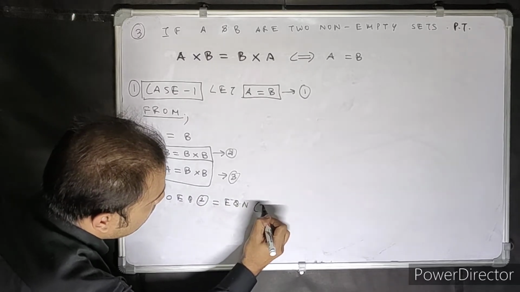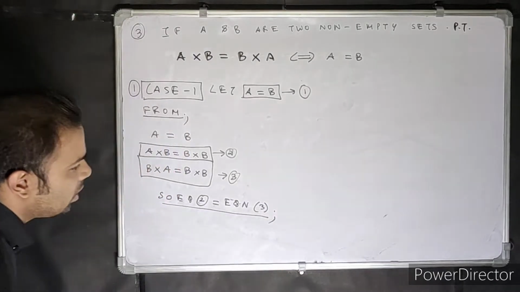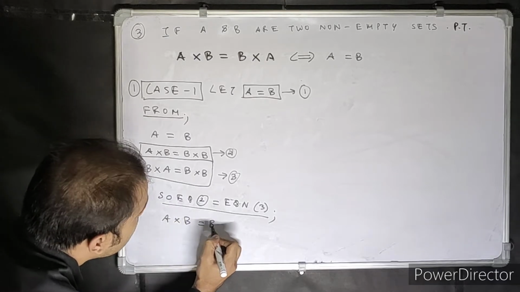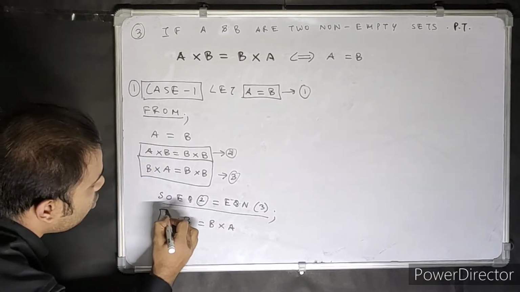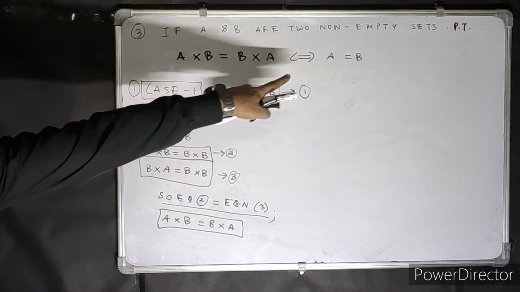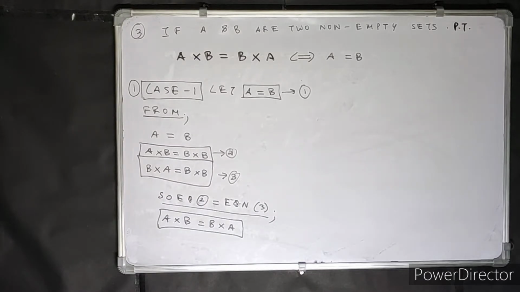So equation 2 is equal to equation 3. When equation 2 is equal to equation 3, it means A cross B is equal to B cross A. So where did I start from? I started from A is equal to B and I got the final answer: A cross B is equal to B cross A.